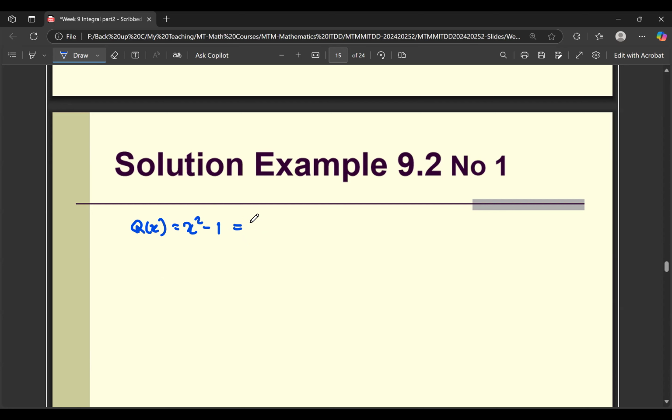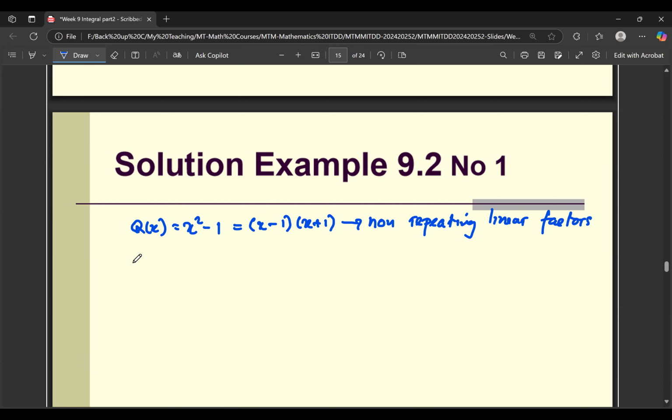We can factor them into linear factors, x minus 1 and x plus 1. These are non-repeating linear factors.